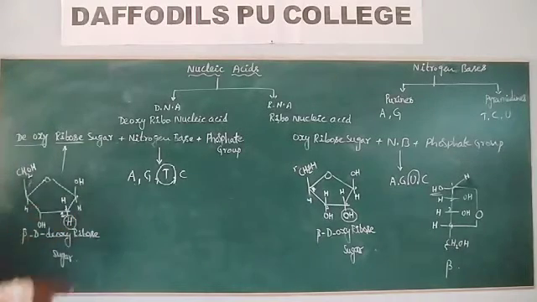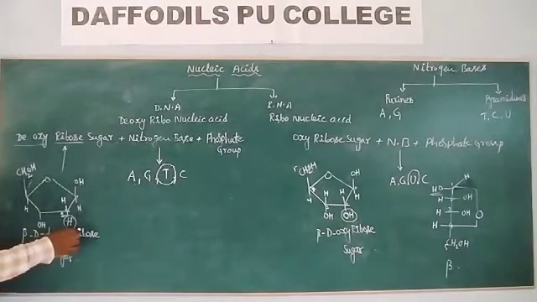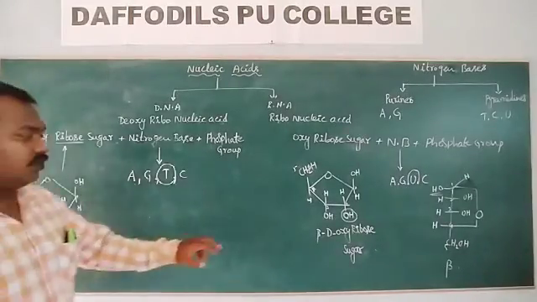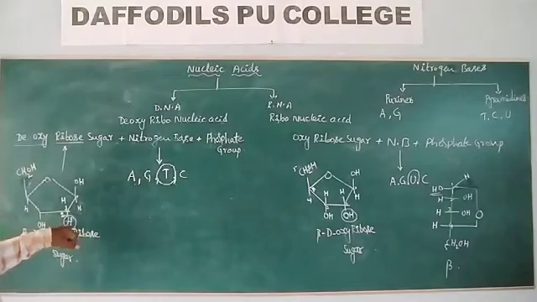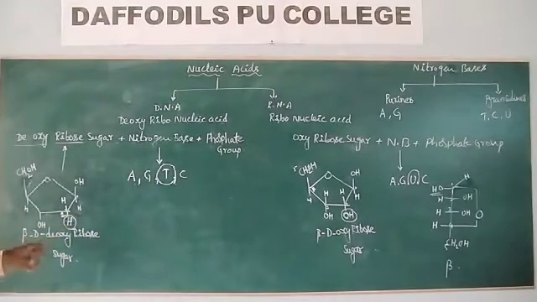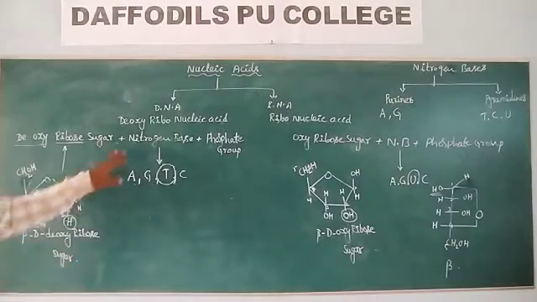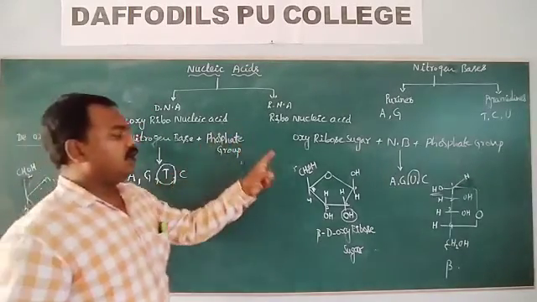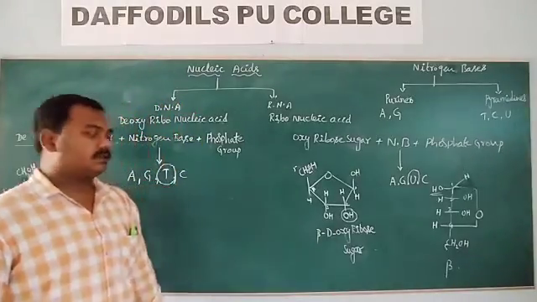So when the OH group is absent, it is called deoxyribose sugar. At the second carbon, the OH group is not there. Only H is there. So this is deoxy. Deoxy means oxygen is not there. In DNA, deoxyribose is present. In RNA, ribose is present.